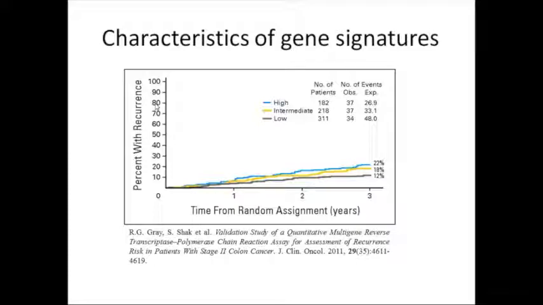So this gene signature stratifies all patients into three groups: patients with high, intermediate, and low risk of recurrence. And as one can see here, the true risk of recurrence in a low-risk group is 12%, while this risk of recurrence for the high-risk group is only 22%.